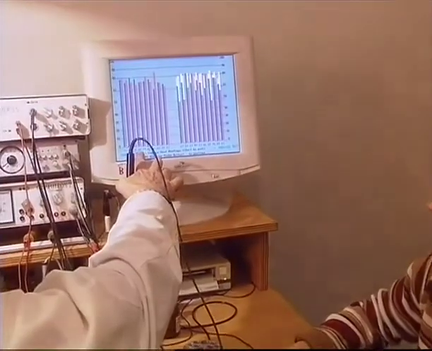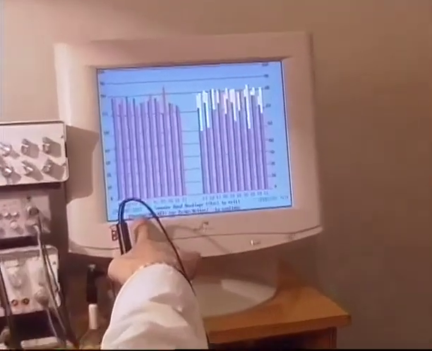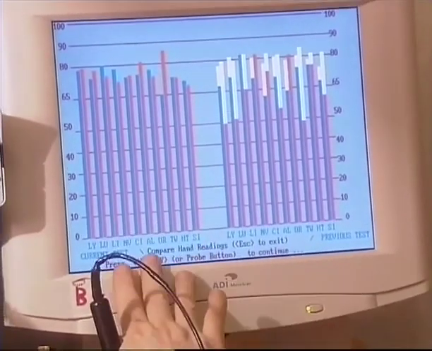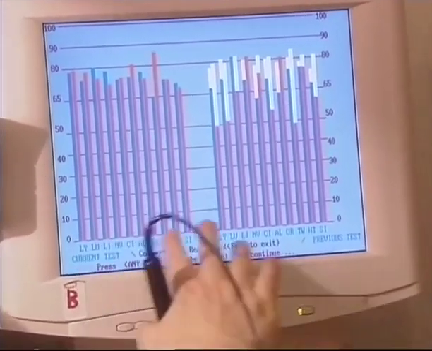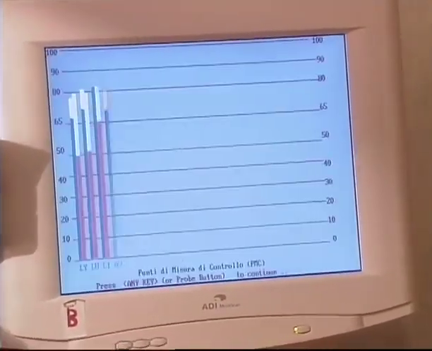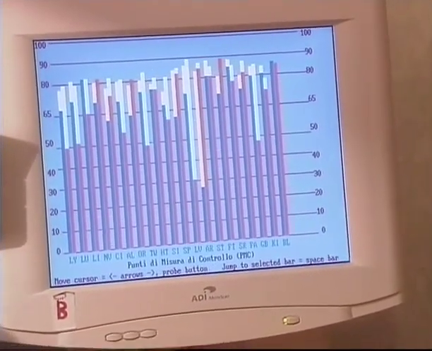Here on the left are the results of the latest test after the treatment. This is before the treatment. These are the hands. So these are the hands after the treatment, and here the hands before the treatment. Now for the values. See, this is the original test with her disease.